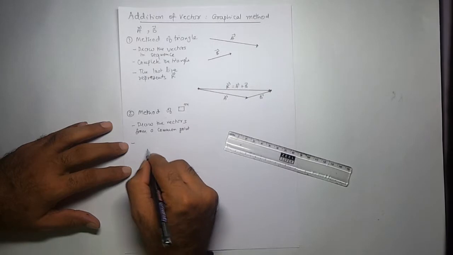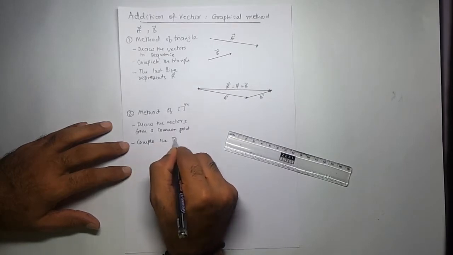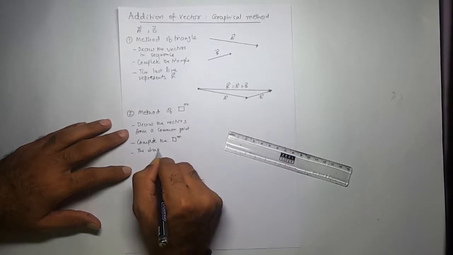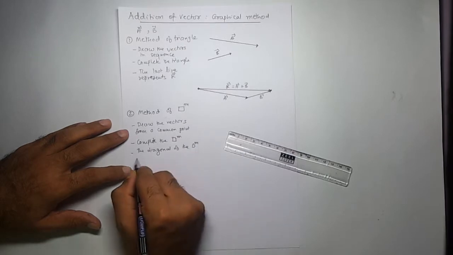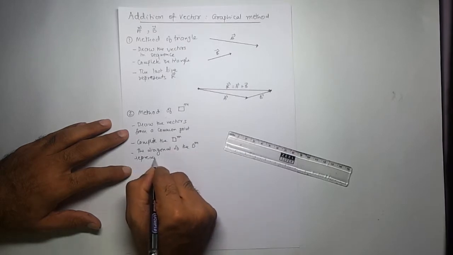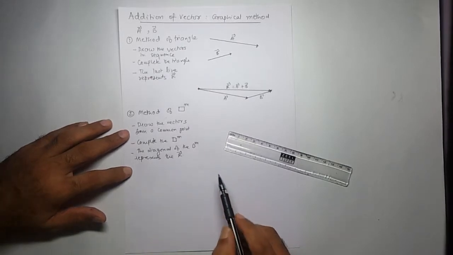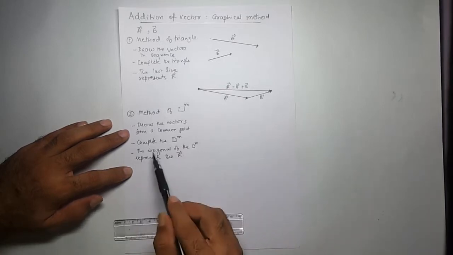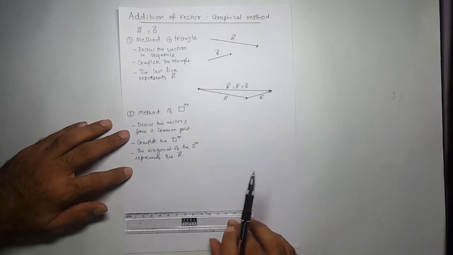Complete the parallelogram, and the diagonal of the parallelogram represents the resultant R. The parallelogram will have two diagonals, but in this case we will choose the diagonal which begins from the common point. Let us do it practically and see how it is done.